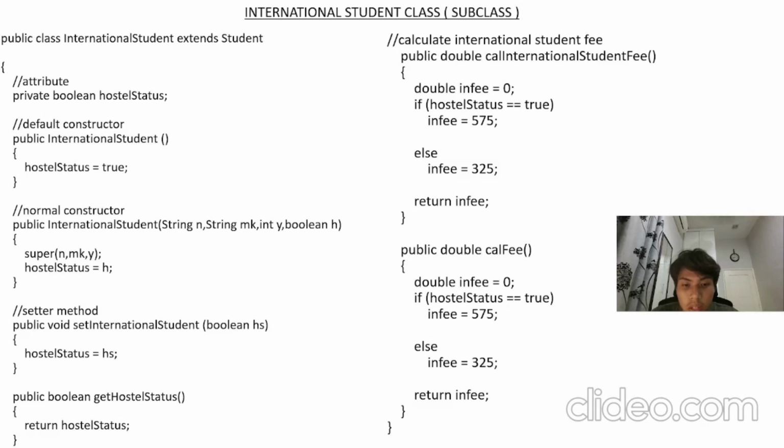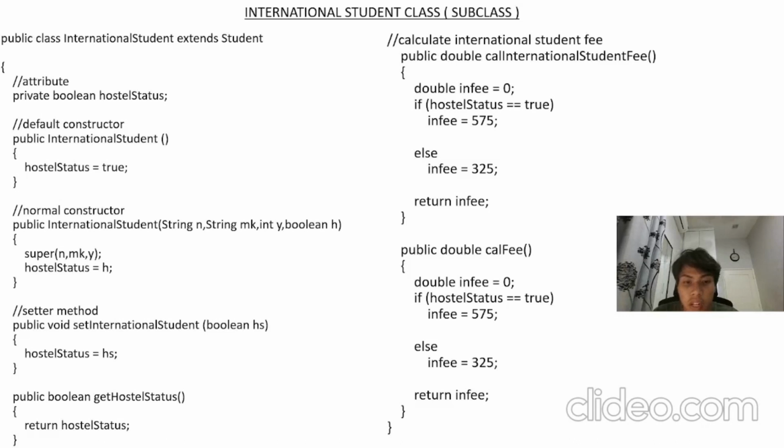So in this class, it also inherits its attributes and methods. It introduces an additional attribute of hostel status, which is a boolean to represent whether the international student stays in the hostel or not. There are two constructors, which are the default constructor and the normal constructor.